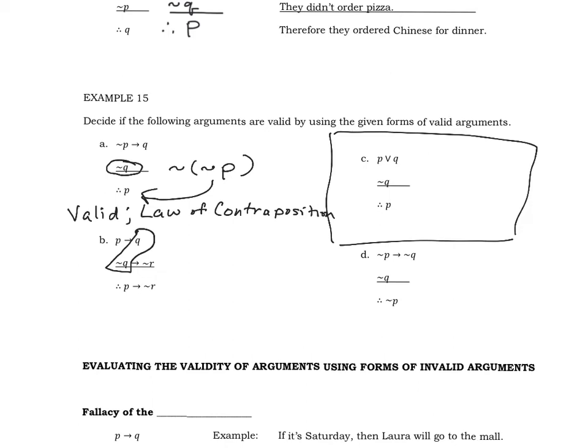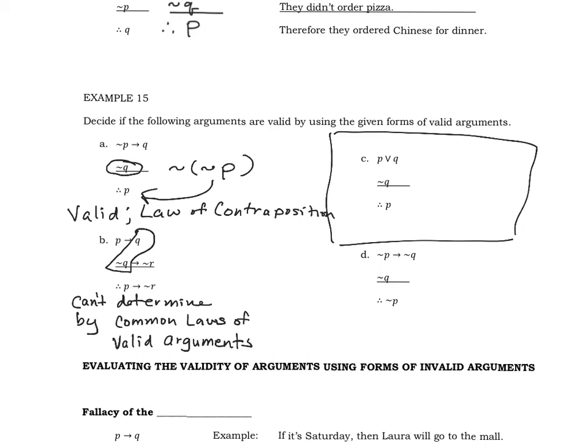So I really can't determine it by any of my laws. Now I could set up a truth table and determine if it was valid or not.